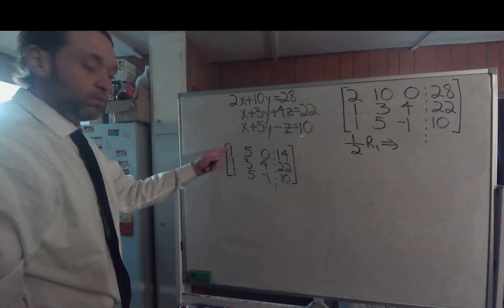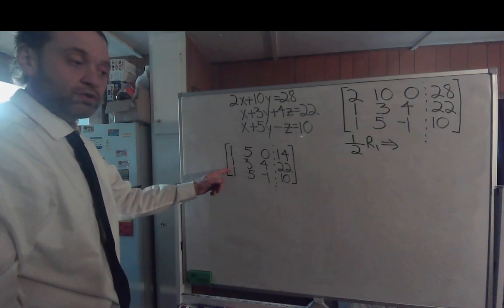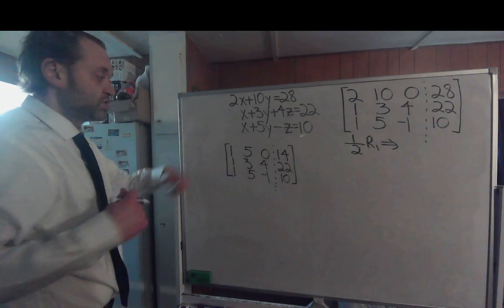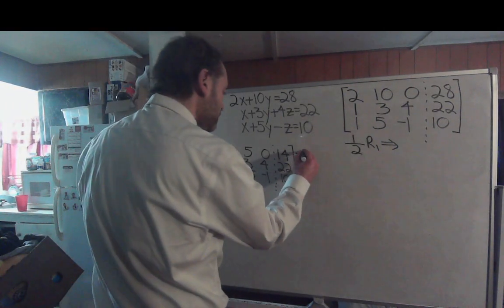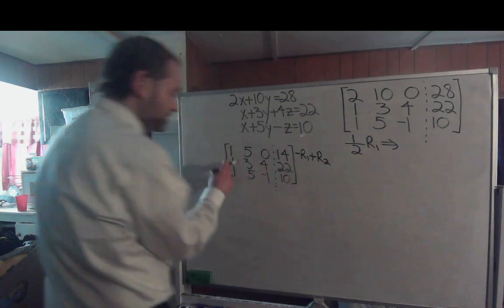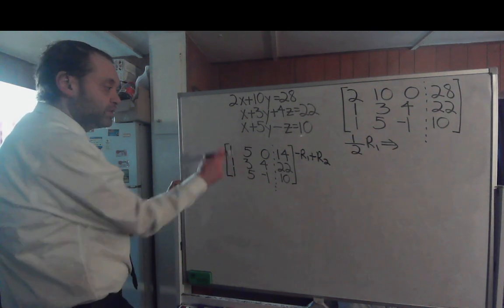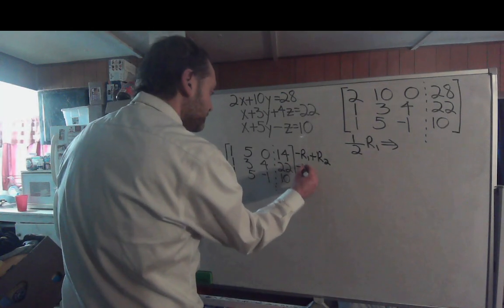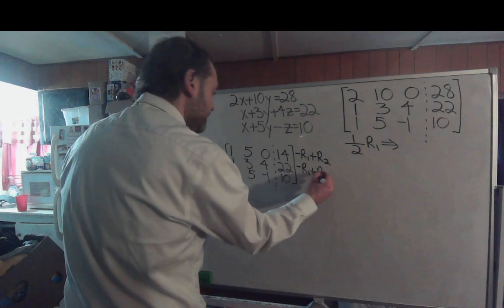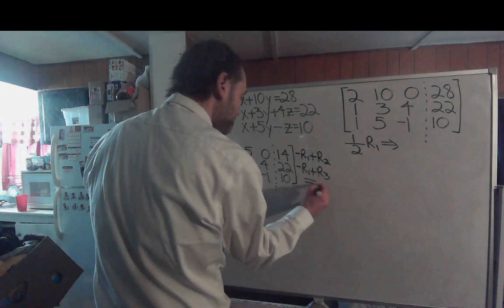We have a leading 1 in the first row, but we need to make the first digit in the second and third row become 0. So if I take the negative of row 1 and add that to row 2, that'll make the first digit in my second row a 0. And if I do the same with row 3, take negative of row 1 and add that to row 3, that'll also make the first digit in my third row 0.